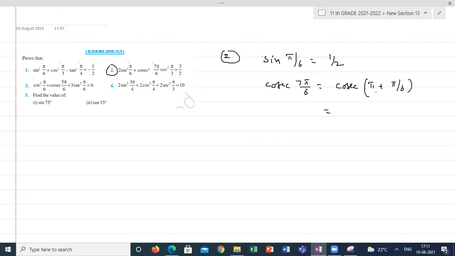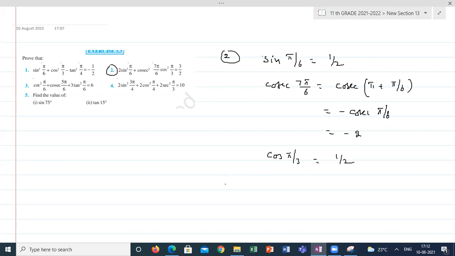It is in which quadrant? Third quadrant, sir. Third quadrant. In the third quadrant, cosecant is positive or negative? Negative. So minus cosecant pi by 6. So what is the answer? Minus 2. Cos pi by 3 is 1/2.